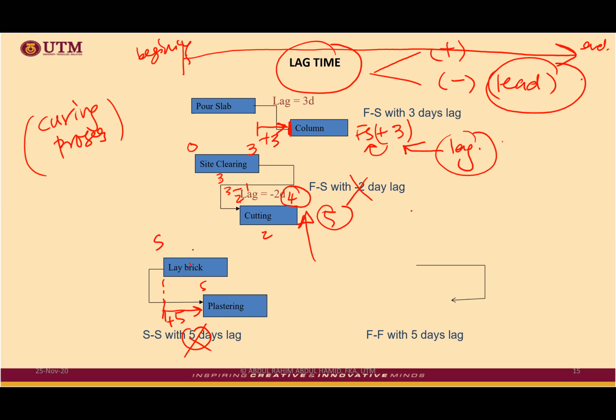And if this lay break is, let's say, 4 days, 0 plus 4 equivalent to 4, and then 4 plus 5 is equivalent to 9. Maybe plastering is 2 days. 9 plus 2 equivalent to 11. You see, with the lag around, it will affect the calculation of our activities. That is for sure.